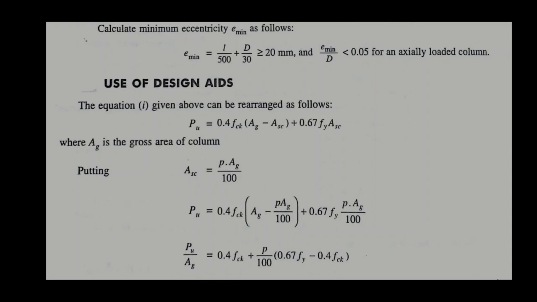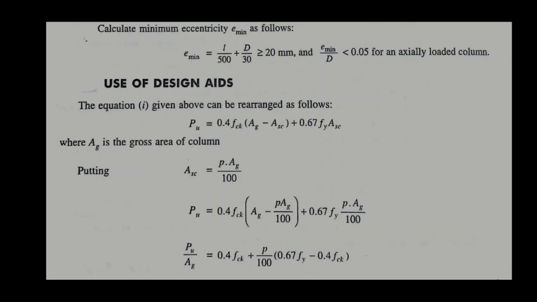Pu is equal to 0.4 fck within bracket Ag minus Asc plus 0.67 fy Asc, where Ag is gross area of column. Now, putting Asc is equal to p into Ag by 100, Pu will be equal to 0.4 fck within bracket Ag minus p Ag by 100 bracket closed plus 0.67 fy into p into Ag by 100.